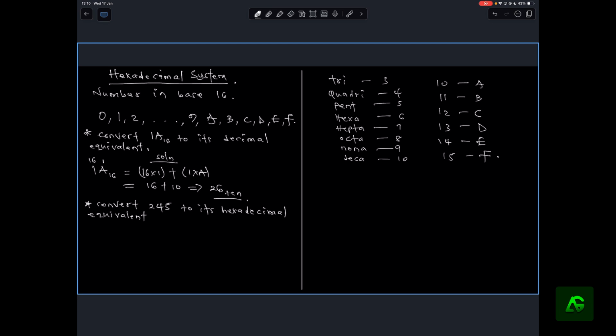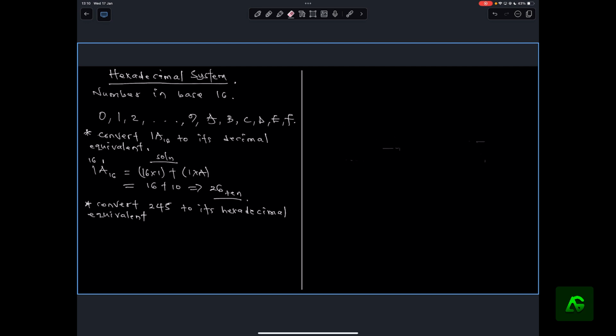This 245, if the base is not indicated, it will be assumed that we have it in base 10. So we are having that in base 10.